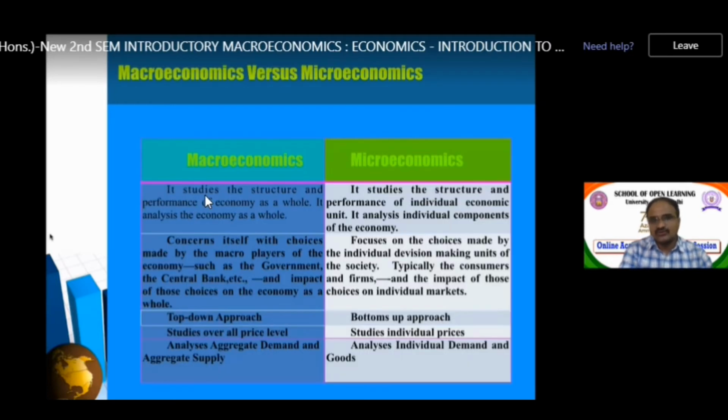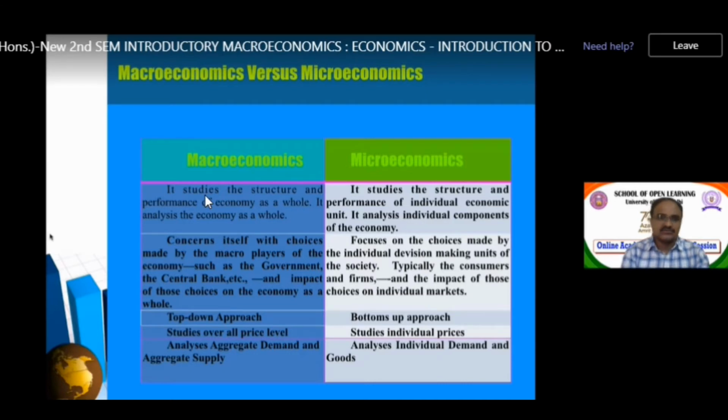Right? Coming to the differences between microeconomics and macroeconomics. You can start with macroeconomics because we are discussing macroeconomics. We already learned microeconomics in the previous semester.